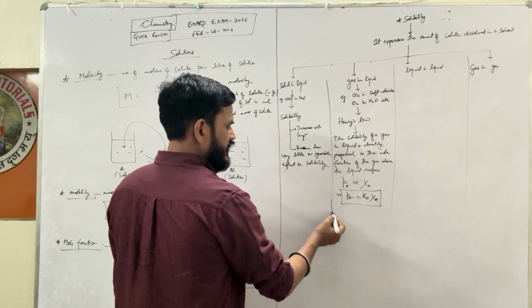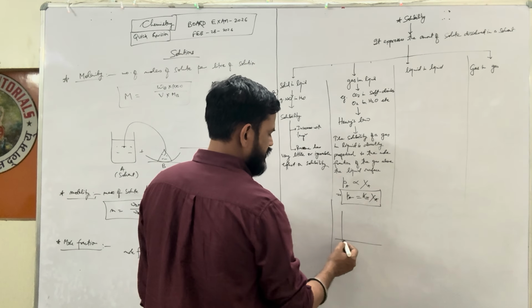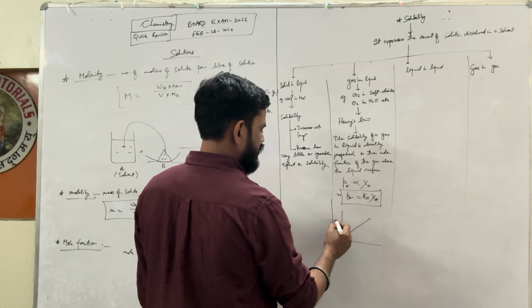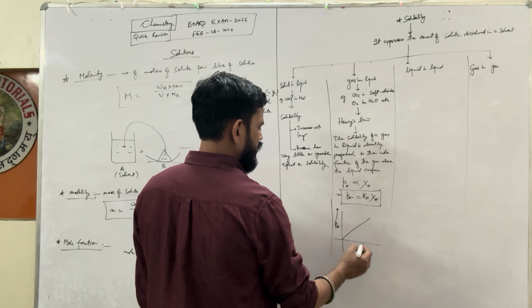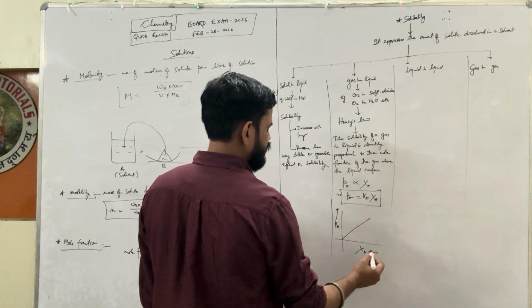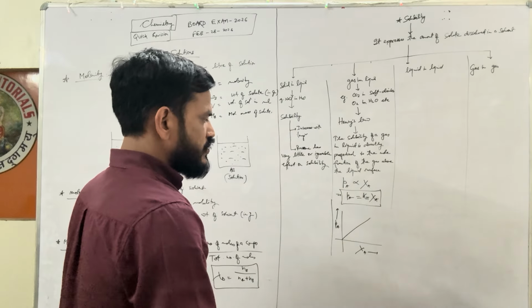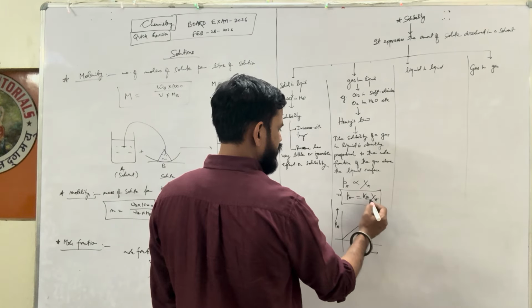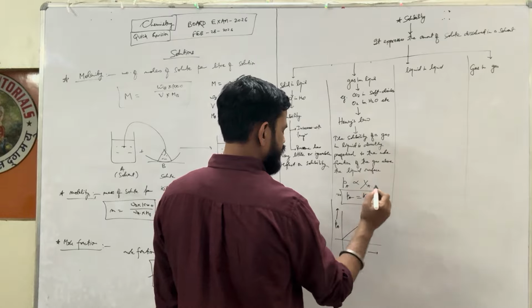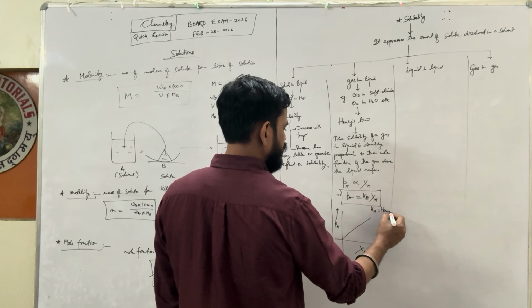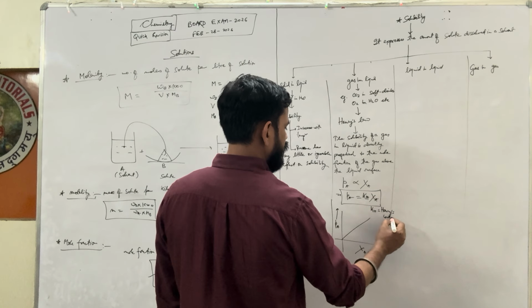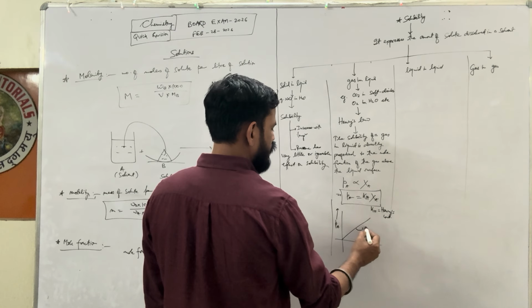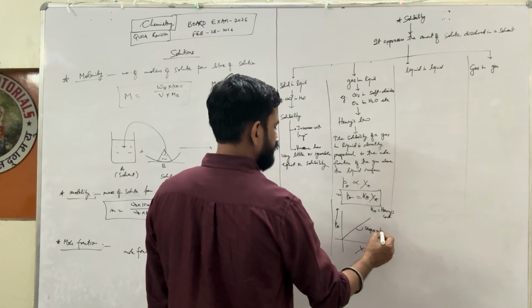Now if you plot a graph for it, it looks like this, very much straight. This is partial pressure and this is mole fraction. The slope of the graph is Henry's constant. So KH is Henry's constant, and it is given by the slope of the graph.